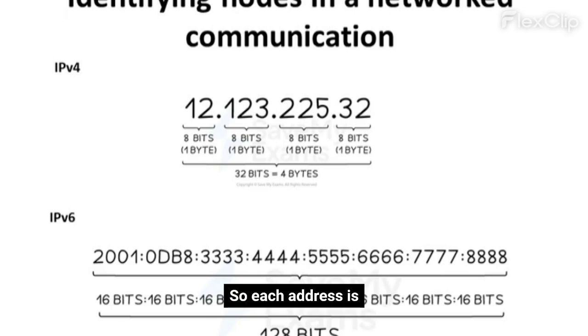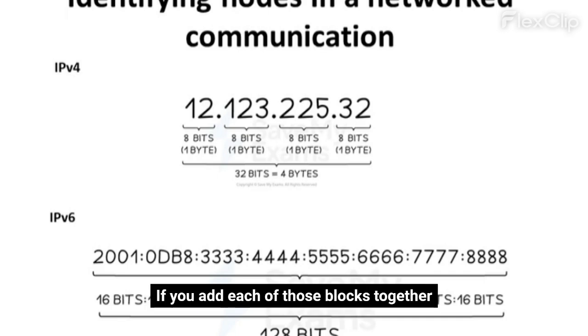So each address is 4 bytes. That is, a single IPv4 address is a 32-bit block, or a 4 byte block.